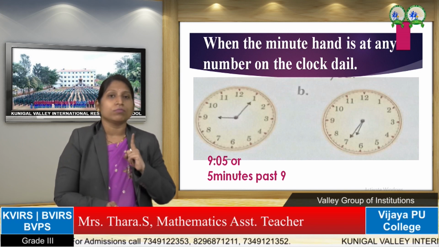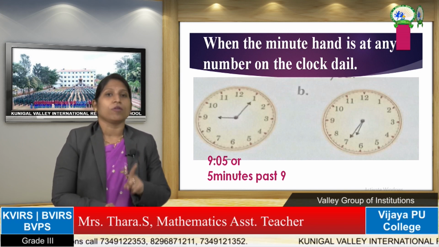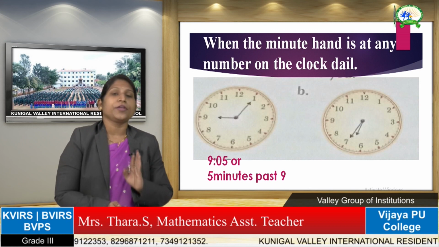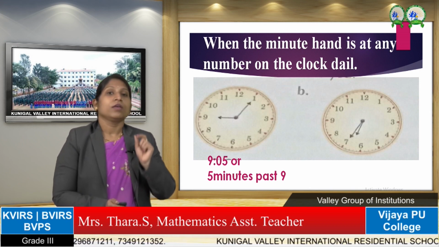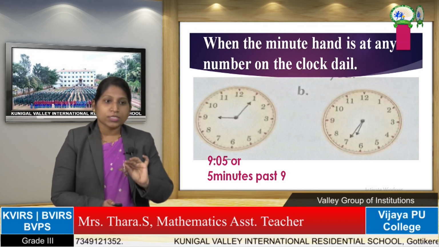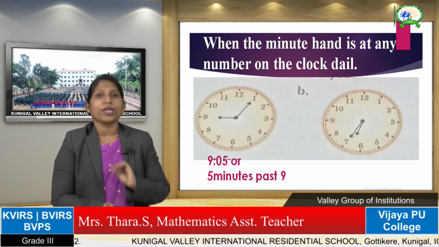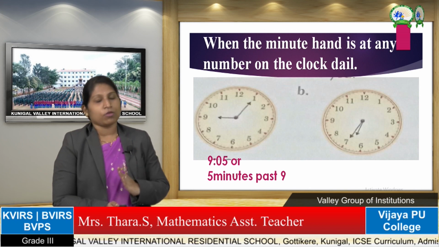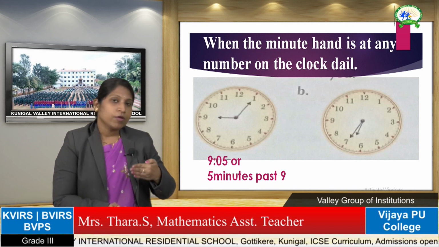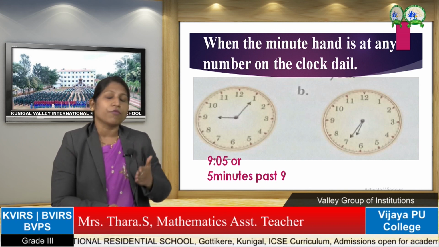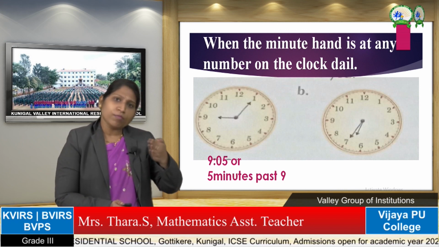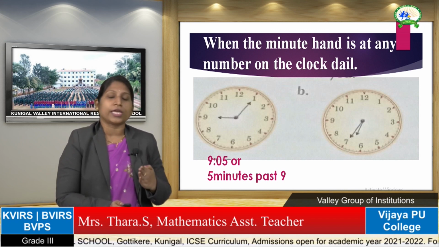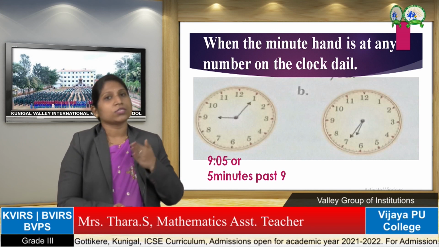If you want to write 9:05, children, don't write only 5. You have to write 9, two dots, and 0 5. Or 5 minutes past 9. How many minutes have passed from the minute hand? 5 minutes, so you have to say 5 minutes past 9.